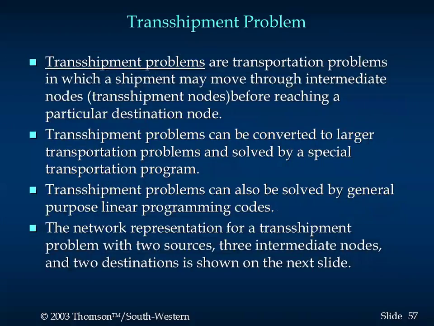So in transshipment problems, basically, this is the beginning of supply chain. In a transportation problem, we had supply points, we had demand points. But in supply chain, can we produce it and straight take it to the customer? No, obviously that's not what's done.